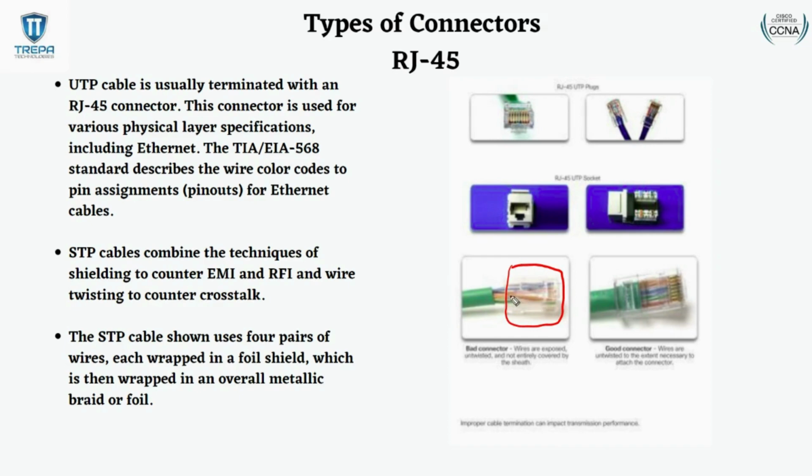And we can see that that's a bad connection because this jacket is kind of hanging off and you have exposed wires right there. Where if you can kind of tell here where we do the crimping in this little section here, the jacket is in there and it's going to crimp down on these wires and make that tight connection, right? So we don't have loose pins like we do in this bad connection here, okay?